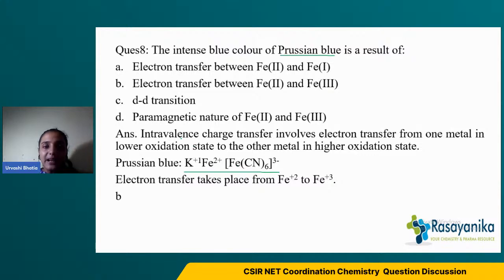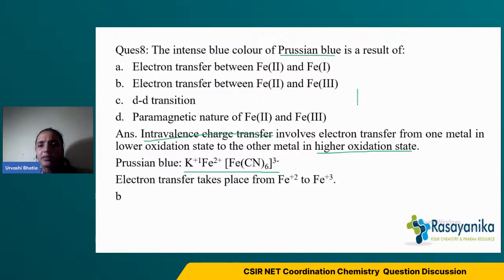So intervalence charge transfer happens, which involves electron transfer from one metal in a lower oxidation state to the other metal in a higher oxidation state. This is one of the charge transfers, like if you study LMCT and MLCT, metal to ligand charge transfer and ligand to metal charge transfer. So this is one of them, intervalence charge transfer.